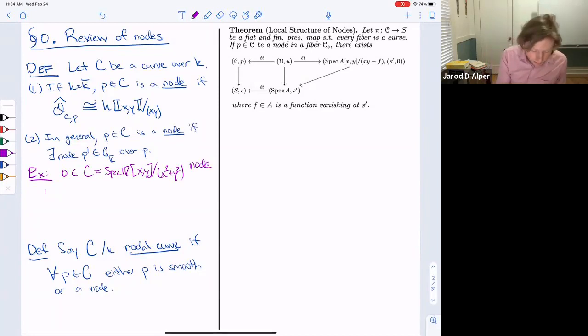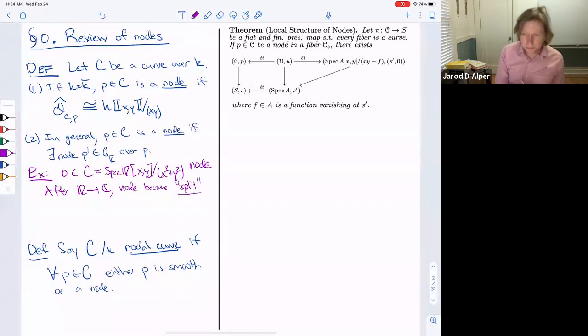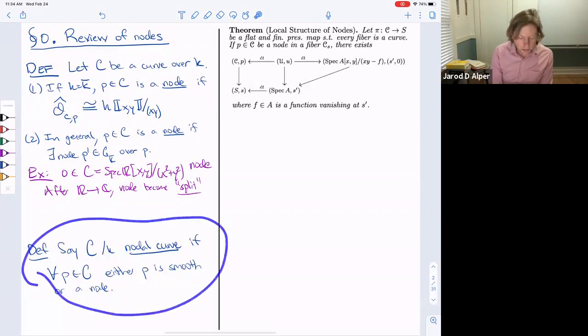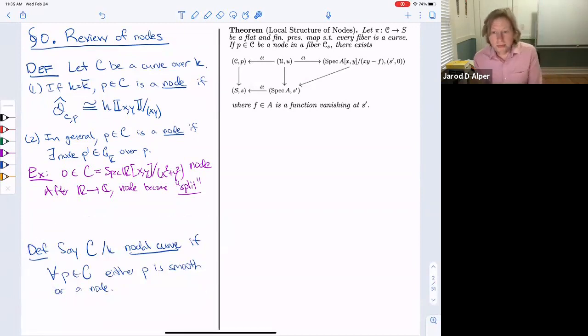And we see after the base change, the node becomes what you might say split, i.e. the completion is isomorphic to this power series ring. And then we say a curve is nodal if all points are either smooth or nodal. Any questions on that?